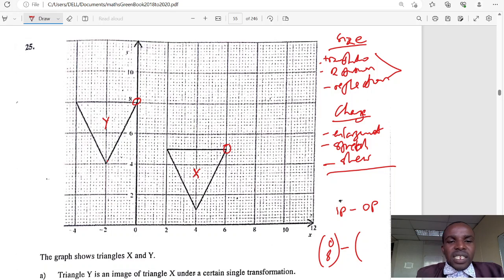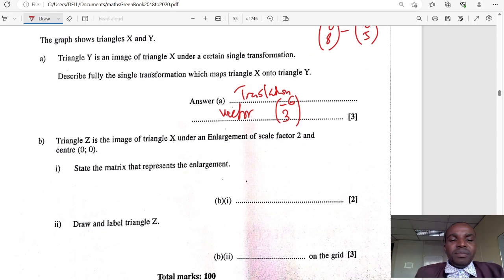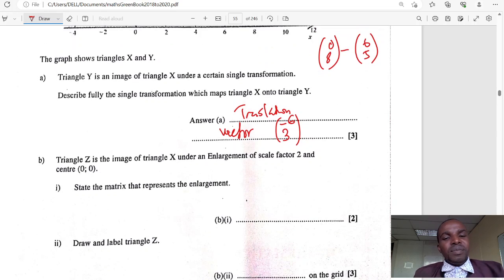It was x6, y5. So if you subtract here, you get minus 6 and 3. That's the translation vector. Done.